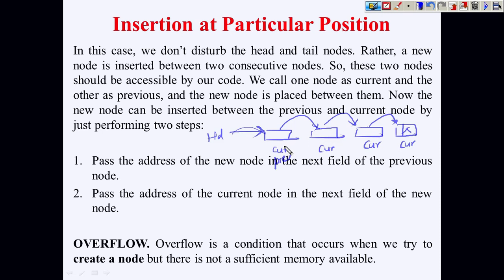That means if this is current, then this becomes previous. When this becomes current, then this becomes previous. Then this becomes current, then this becomes previous. So we will make such a logic that at every point of time we have a hold on two nodes, the current node and the predecessor node, the previous node. Let's see how this logic will work.